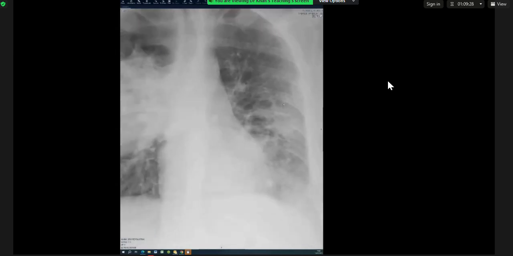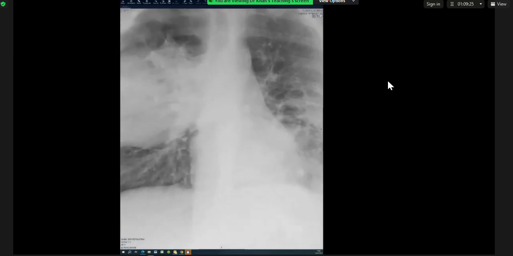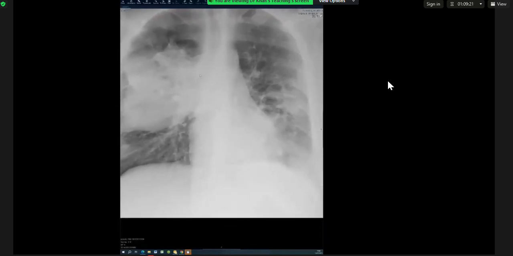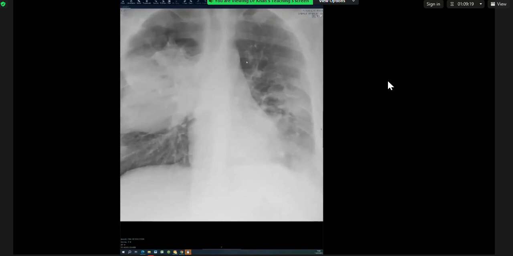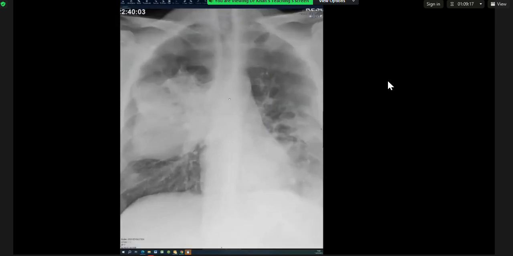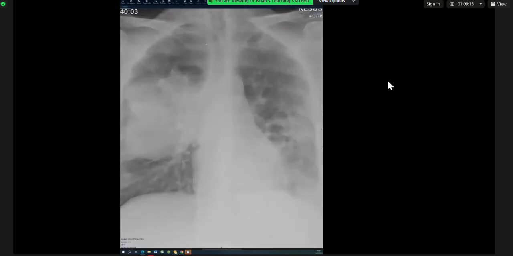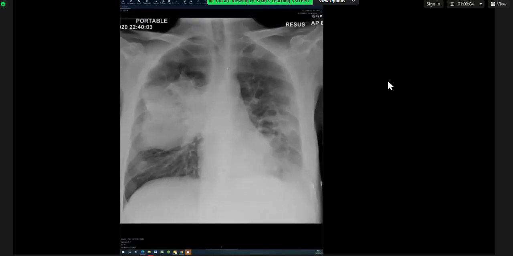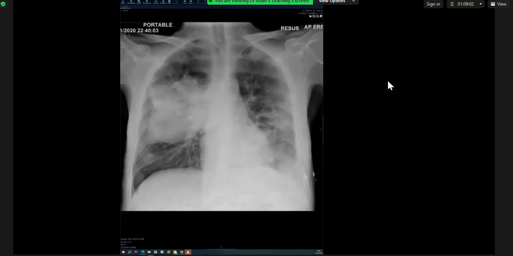Do you see anything behind the heart? The window is a bit soft for me, but I can detect maybe multiple opacities in the retrocardiac shadow on the left side. I just need to modify the window, but I can see multiple nodules in the left retrocardiac region.